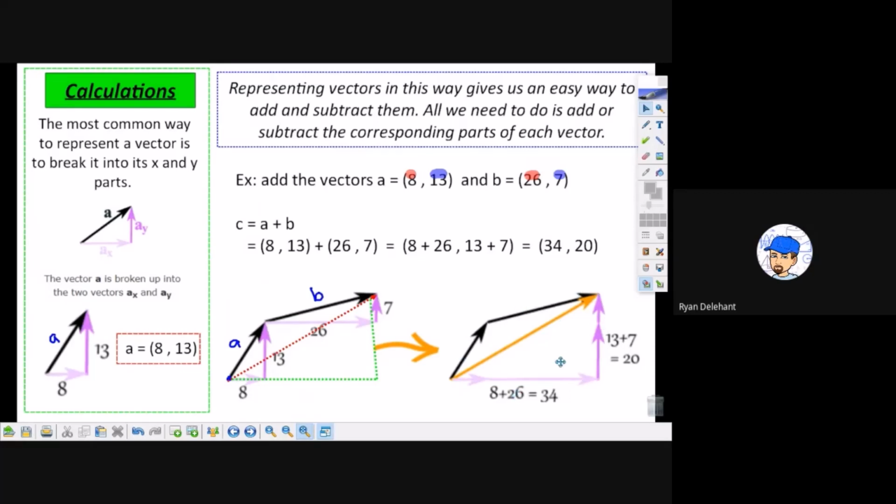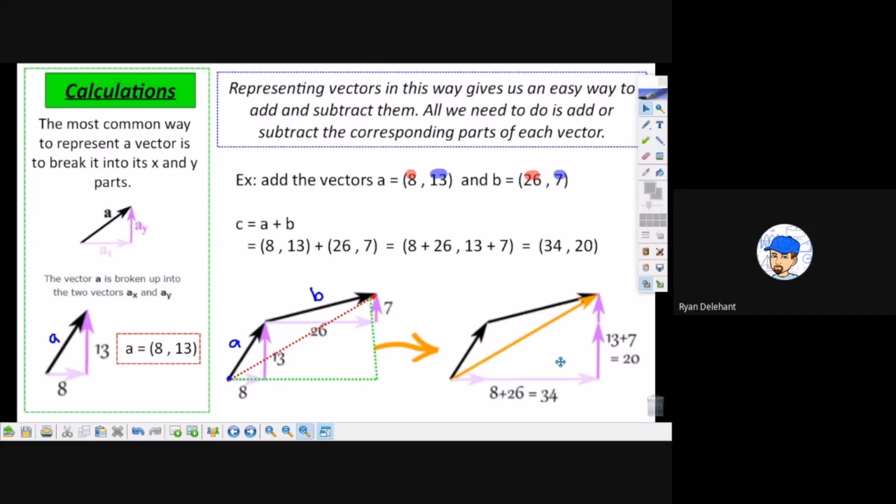We add the two Y components. We do find the actual direction and magnitude of that orange vector that we saw geometrically when we put them together. So the math does tie back into the picture, but it also allows us not to have to draw the picture every time to get to the resulting vector.